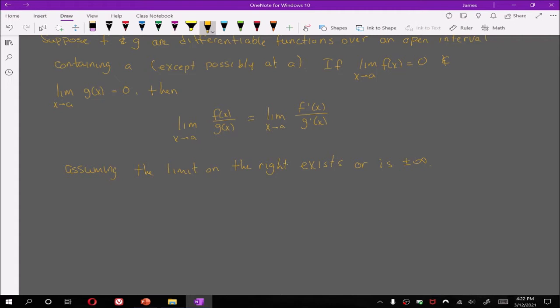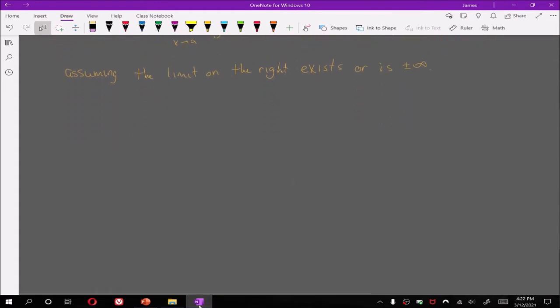Now, these also hold if we are considering one-sided limits or even limits at infinity. We will now go ahead and prove this.